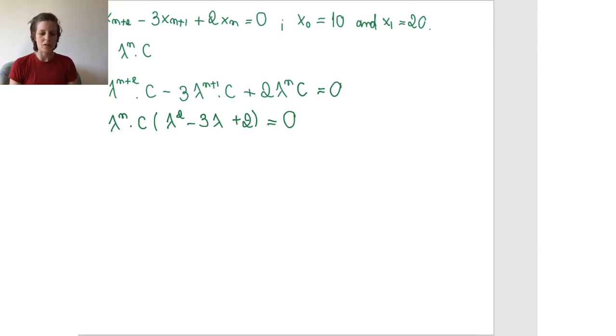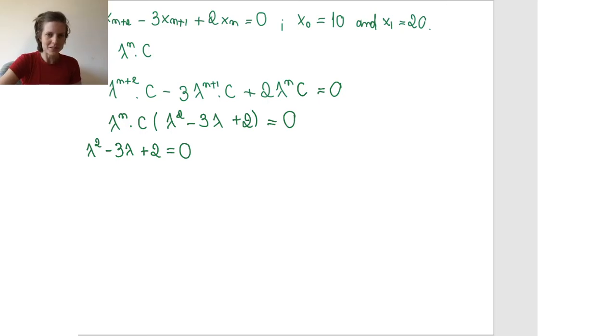So we got our characteristic polynomial, and the roots of this polynomial will be the eigenvalues. So let's see. Lambda square minus 3 lambda plus 2 equals 0.